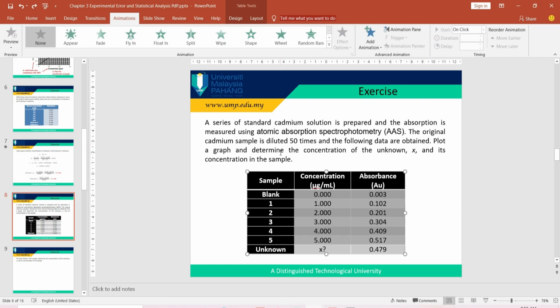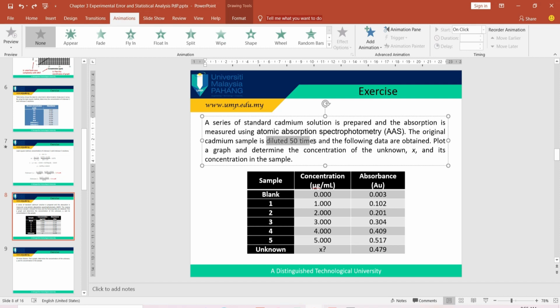You are required to plot a graph and determine the concentration of the unknown X here, and its concentration in the sample. The important information given in this question is that the original cadmium sample is diluted 50 times.